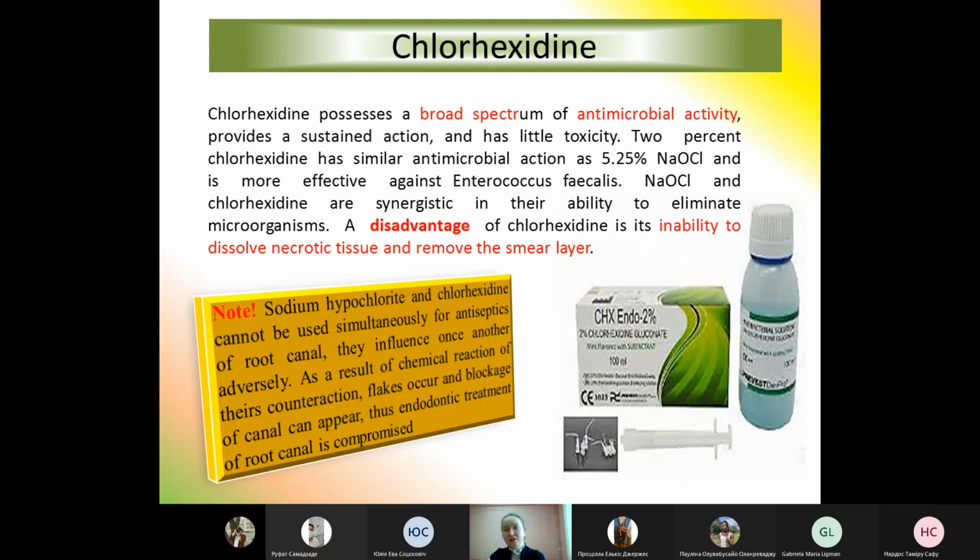Despite this, if such necessity is present, it is indicated to wash the root canal with distilled water after sodium hypochlorite and after that put chlorhexidine. Here you have this chlorhexidine solution.